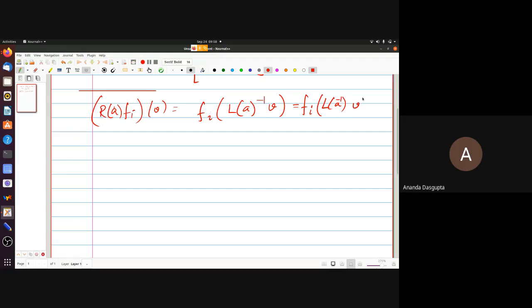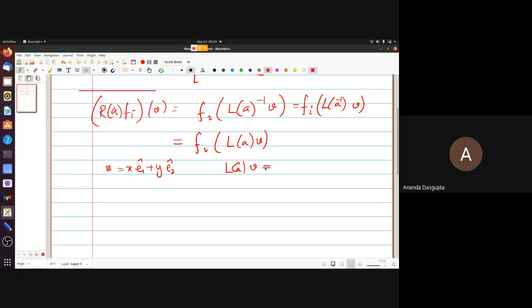LA inverse is the same as L of A inverse. That's a basic property of representations. And since a reflection is self-inverse, it's the same as LA V. So if V is x e1 plus y e2, then LA V, what will this be?